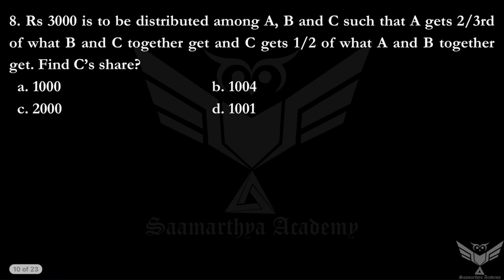Now the next question. Rupees 3000 is to be distributed among A, B and C such that A gets 2/3 of what B and C get together, and C gets half of what A and B get together. Find C's share. Just form the equations. A's share plus B's share plus C's share is equal to 3000.